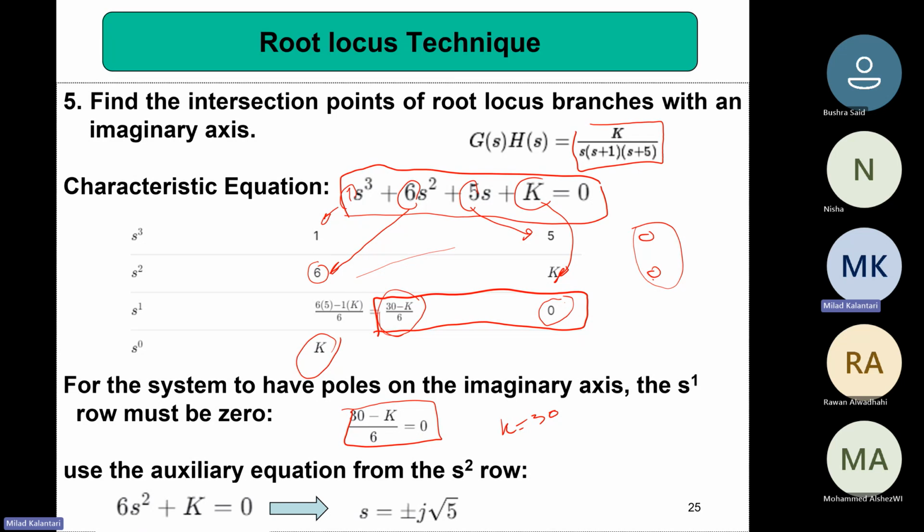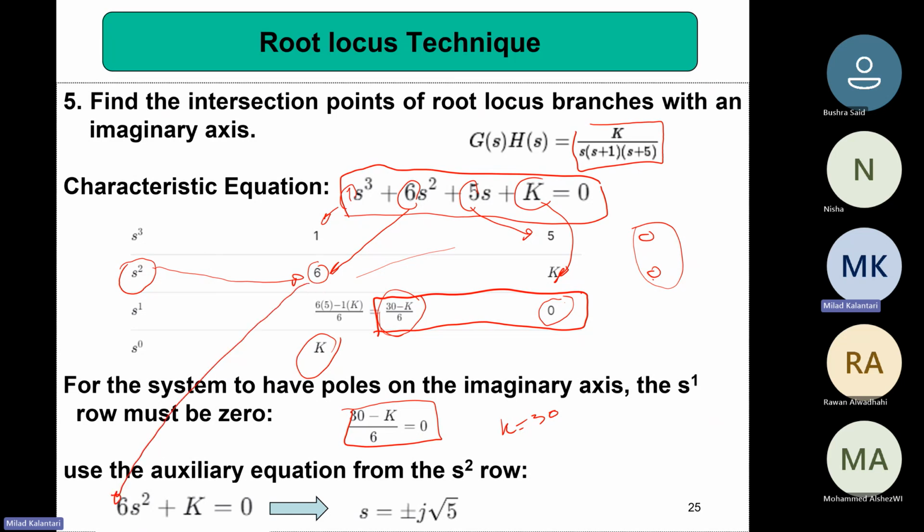And in this situation, if you remember, when we reached this situation, we used the auxiliary equation again. The auxiliary equation is basically the top row. We use the top row to write the auxiliary equation. And since it's starting with S^2, we write it back like this.